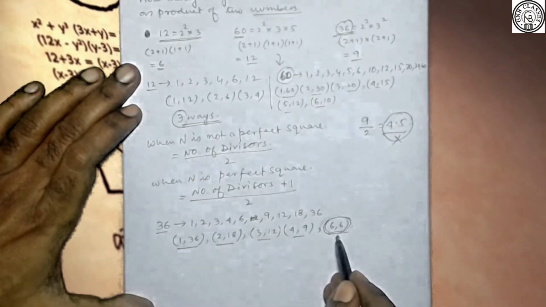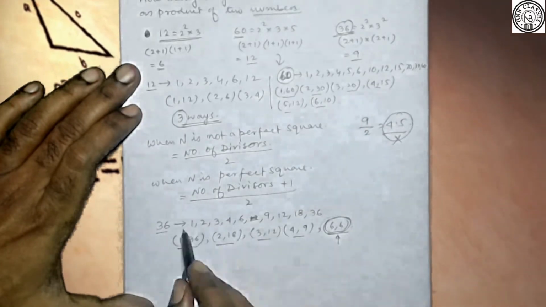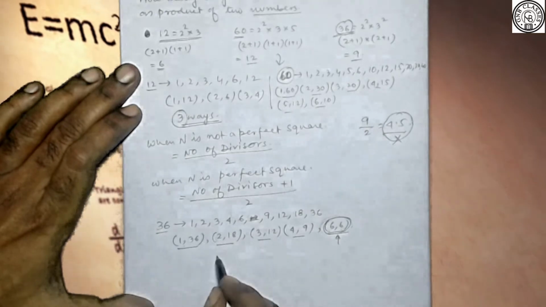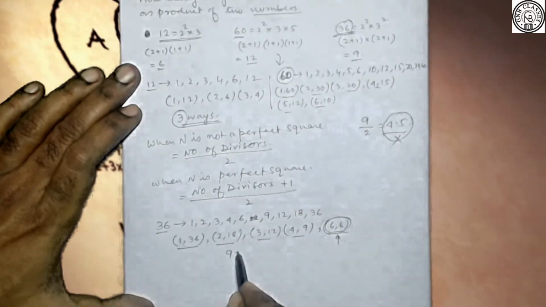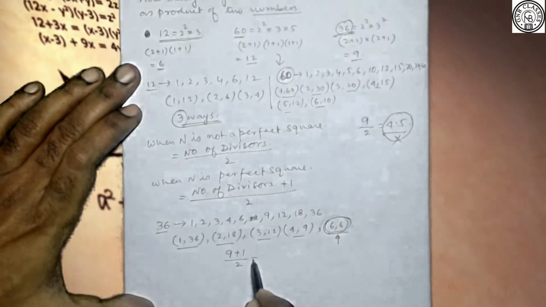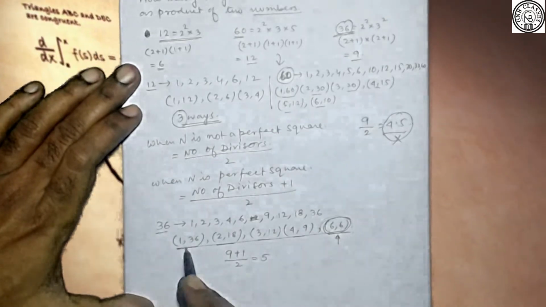So here, how many number of ways are there where 36 can be resolved as a product of two numbers? There are 5. So how are you getting this? We are simply dividing. Here the total number of divisors is 9. So it is (9 plus 1) divided by 2, which gives us 5. And that is exactly the 5 ways we got where 36 can be expressed as a product of two numbers.